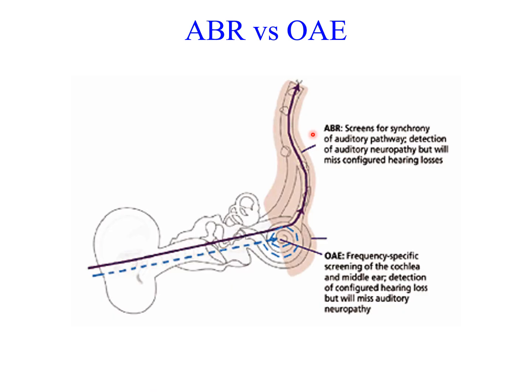For now, just know that auditory neuropathy is a lack of neurosynchrony. So if we use ABR as a screening tool or as a diagnostic tool, then ABR will be able to screen neurosynchrony for auditory neuropathy. As a result, ABR will be able to detect the presence of auditory neuropathy. However, ABR has limitations in different audiometric configurations.